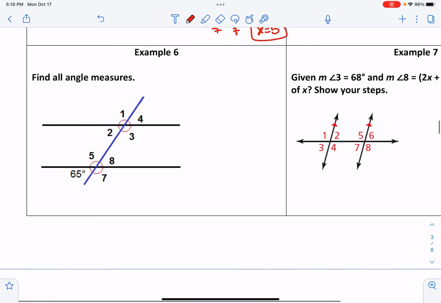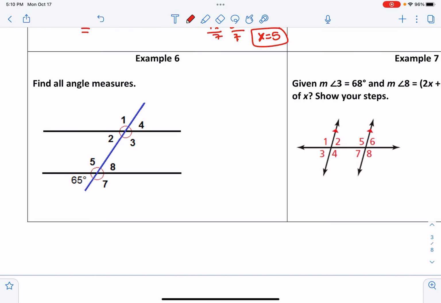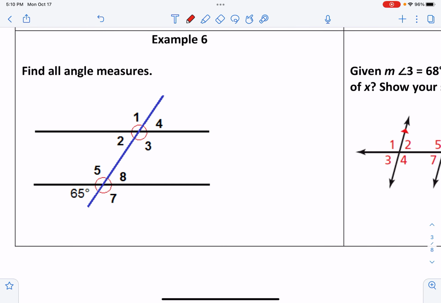All right, so 2 more examples. We're going to find all the angle measures. So we are told that this is 65. Well, if I look, angle 8 is a vertical angle. Vertical angles are congruent, so I know angle 8 is 65 degrees. Well, then I see that 65, that angle 8, and that angle 2 are alternate interior angles.